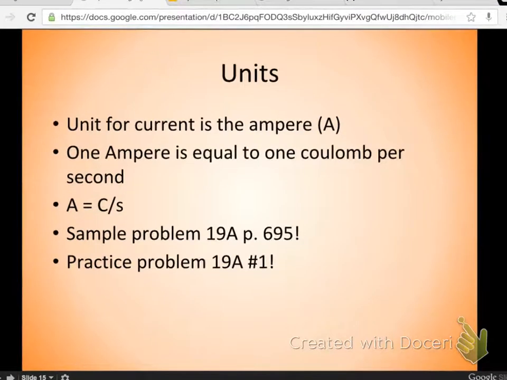It's the amp. Yes, the ampere. And it's 1 coulomb, which is the unit of charge, per second. We're not going to do the sample problem here, so we're skipping that. But you will need to know what current is and that the units are amps. So the unit for current is the amp.